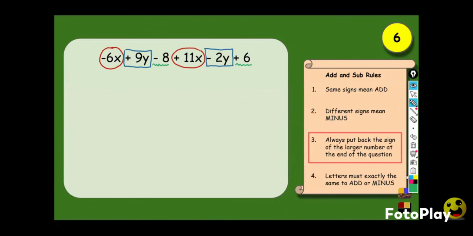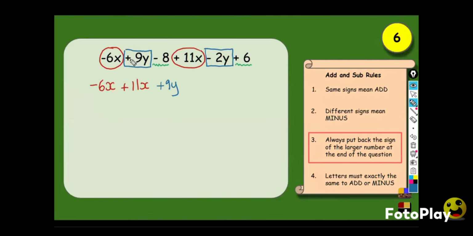So what you want to do is rearrange. All the X's, you're going to bring them together. Look at me do this. I'm going to color code it. Right now, the X's and Y's are mixed up. But why not put all the X's together? Minus 6X plus 11X. You see, I drag these two together. It's like reorganizing your closet drawer, right? Let's put all the Y's together.